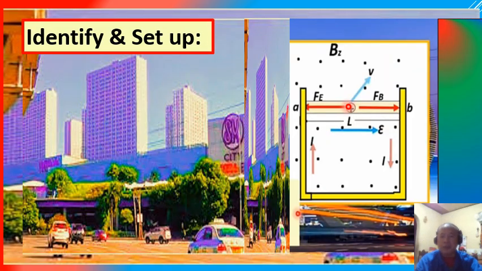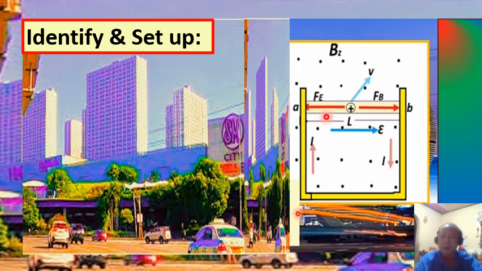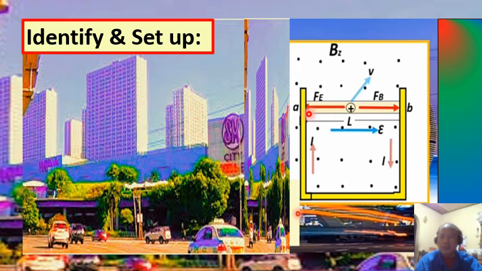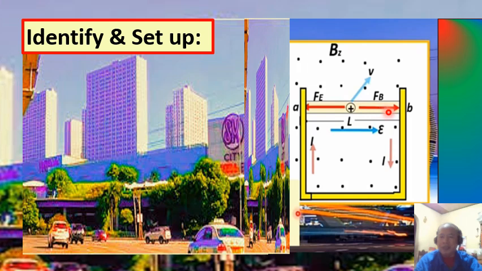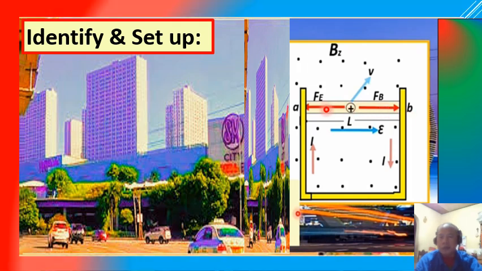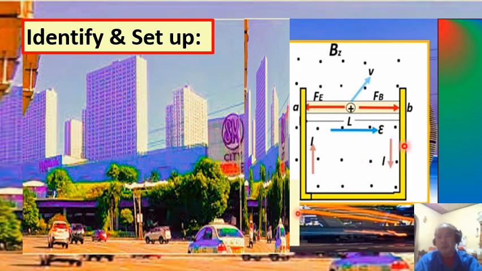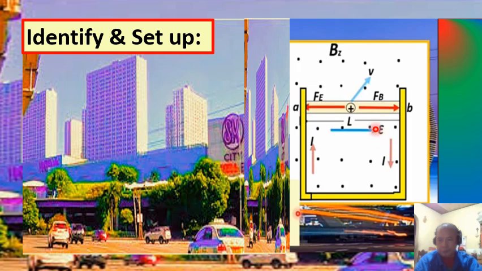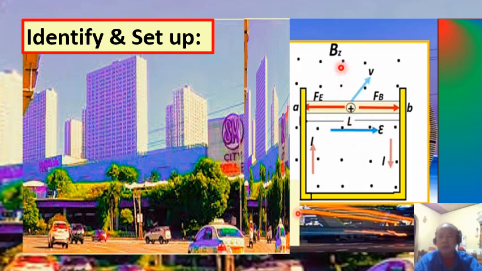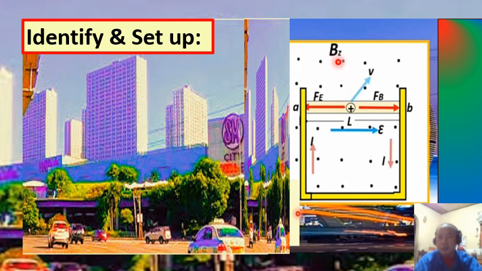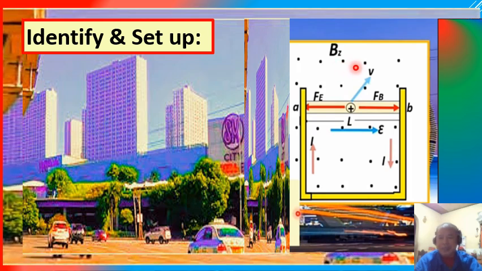As illustrated in this figure, we have a conducting rod whose left end is labeled A and the right end is labeled B, right? This rod is sliding on an external U-shaped conductor, and the rod is moving across a uniform magnetic field denoted by capital B, whose direction is towards the positive z-axis.